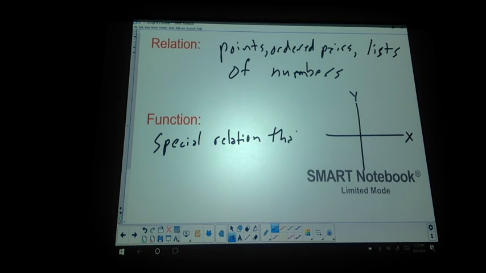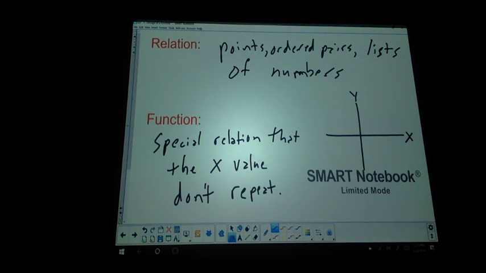A function is a relation where the x values don't repeat. And honestly, when you're looking at a bunch of ordered pairs, a bunch of points, 3, 5, 10, 6, things like that, you can see real quick if the x value ever repeats, then we still have a relation, but it's not a special kind of relation called a function.